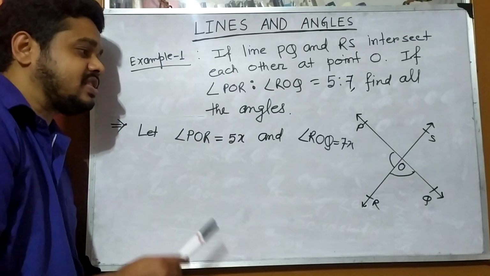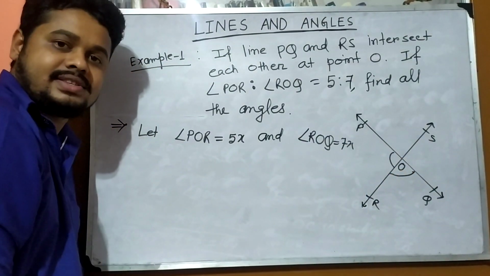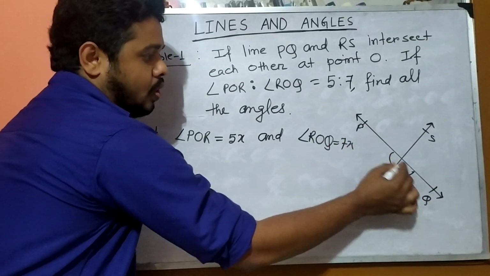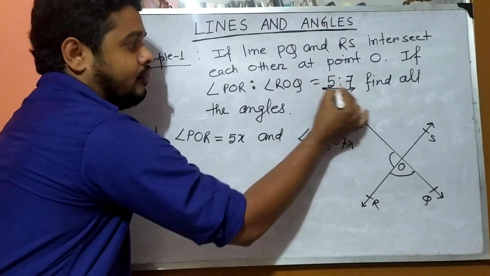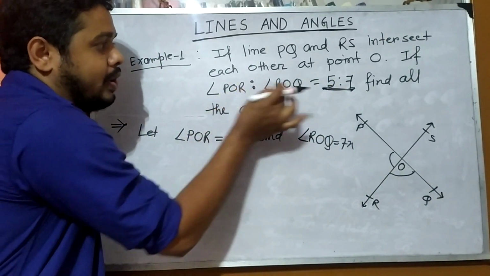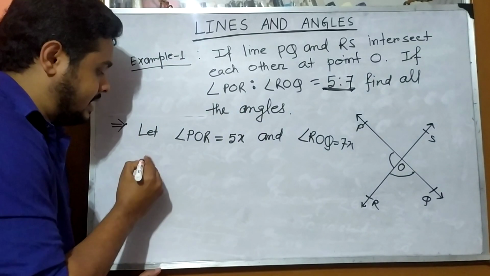To solve that, let POR equal 5x and ROQ equal 7x. As the ratio is 5:7, POR equals 5x and ROQ equals 7x.